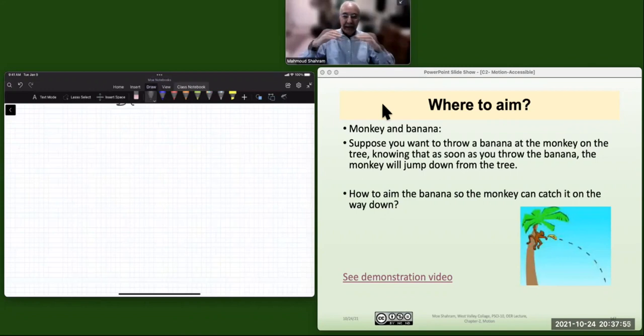And then when they reach a certain height, they collide. So the answer is you have to point this banana at the monkey in order for it to catch it when it comes down, because both objects are going to come down because of the gravity at the same rate. And that's what happens in that demonstration.